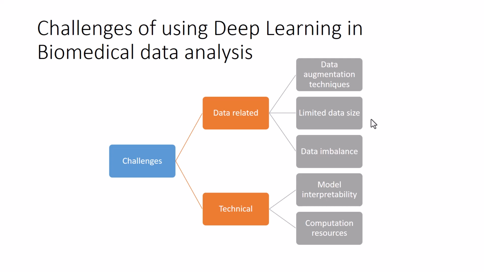One is called model interpretability. What is model interpretability? When a doctor looks at a CT scan to identify a lung cancer, a pancreatic cancer or a colon cancer, he has certain biomarkers in his head based on his experience, which he will look for in that image to identify those cancers.